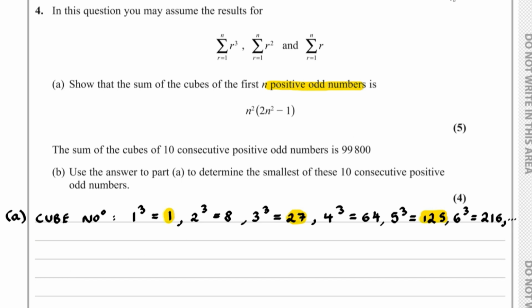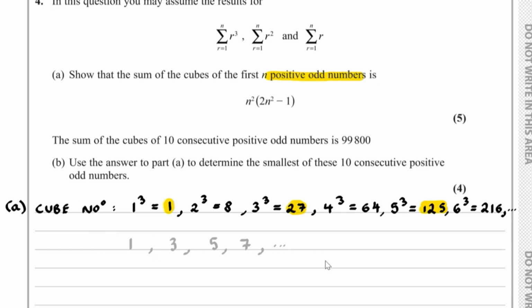Well, we've got the positions. We've got 1, 3, 5, and then we could continue 7, etc.